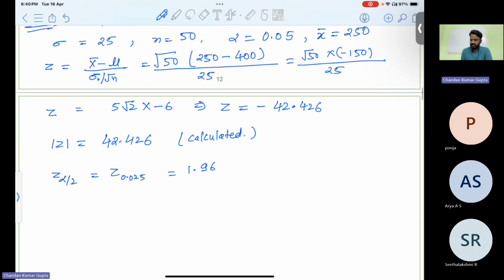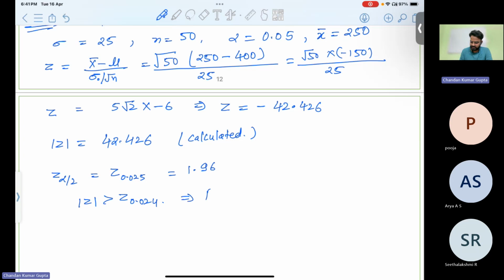And here we reject or accept on the basis of that. So mod z is greater than z at 0.025, which means it is greater. So we reject the null hypothesis.